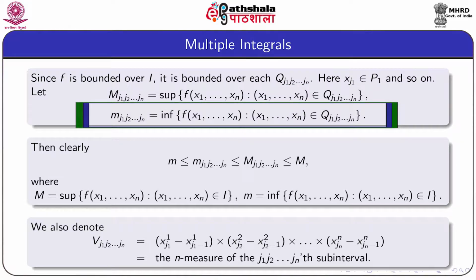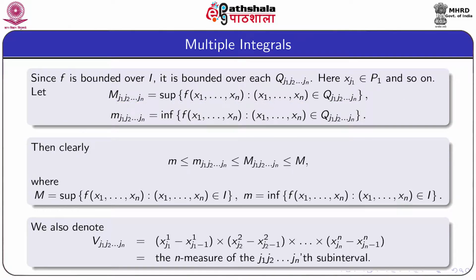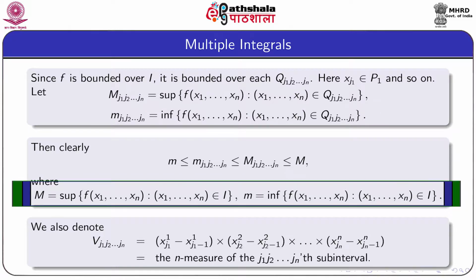Similarly, we define small m_{j1 j2 jn} with the help of the infimum of values of f over Q_{j1 j2 jn}. Clearly, small m is less than or equal to small m_{j1 j2 jn}, which is less than or equal to capital M_{j1 j2 jn}, which is less than or equal to capital M, where capital M is the supremum of f over I and small m is the infimum of values of f over I.